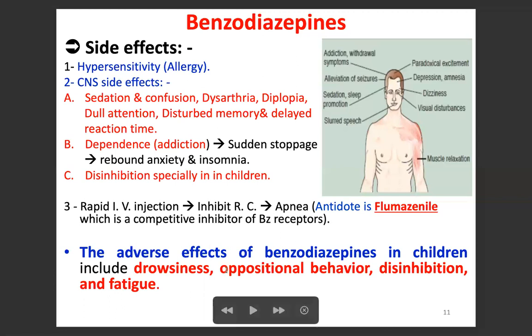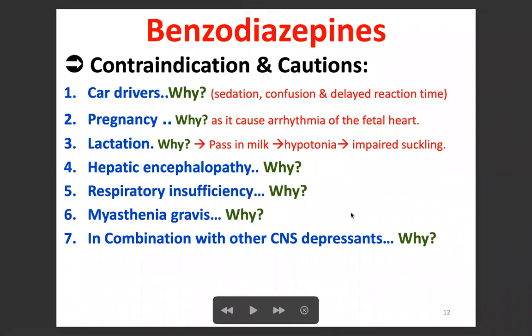The adverse effects of benzodiazepine in children include drowsiness, oppositional behavior, disinhibition, and fatigue. Contraindications and cautions. Car drivers: why is it contraindicated, or why should great caution be taken for car drivers?